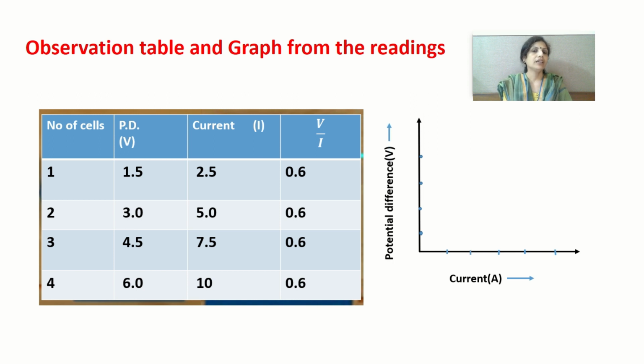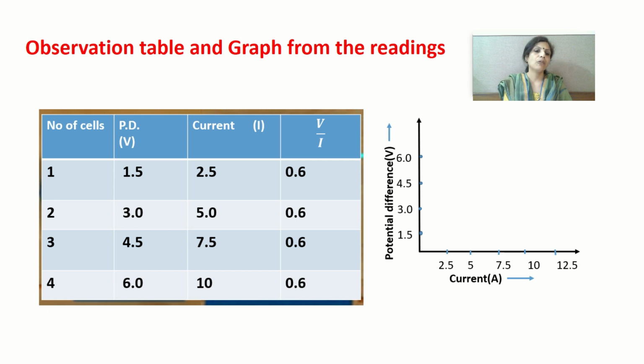For the current, I can write the scale as 0, 2.5, 5, 7.5, 10 and 12.5. Along the y-axis we have taken potential difference, so our scale is 0 as origin, then 1.5, then 3, then 4.5, then 6. So we have written the scale on the x and y axis.